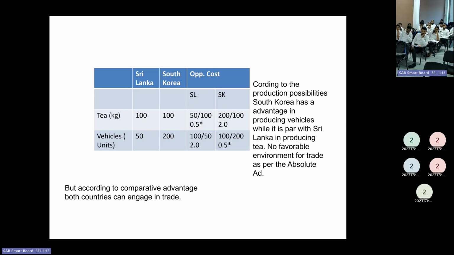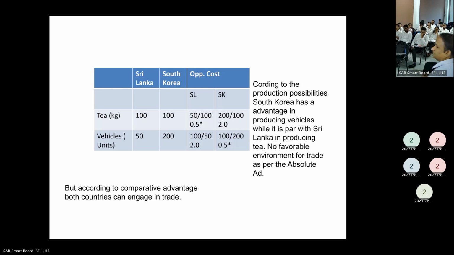Indifferent. But South Korea has absolute advantage in producing vehicles. So South Korea has more advantage in producing products. So according to the absolute advantage, based on the given information, there cannot be trade between Sri Lanka and South Korea.